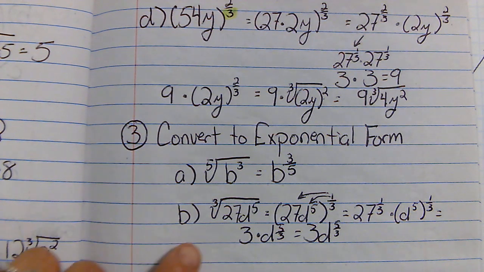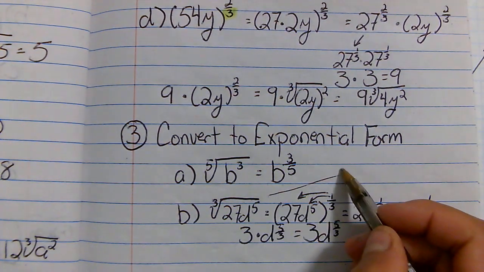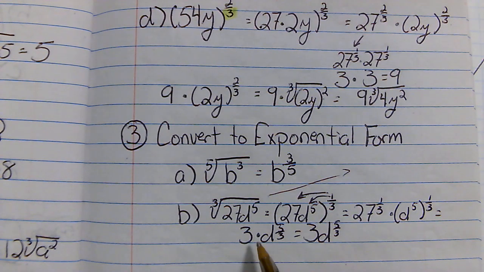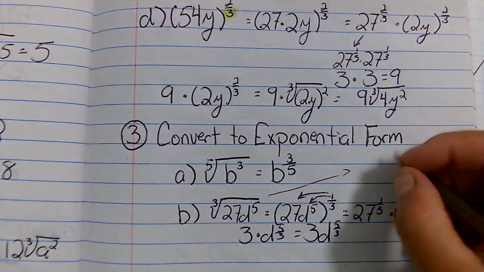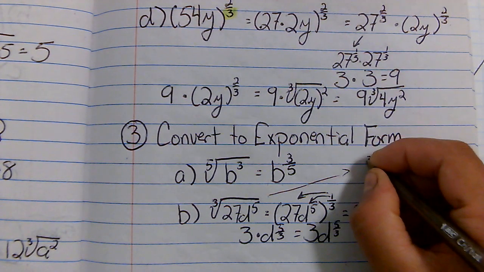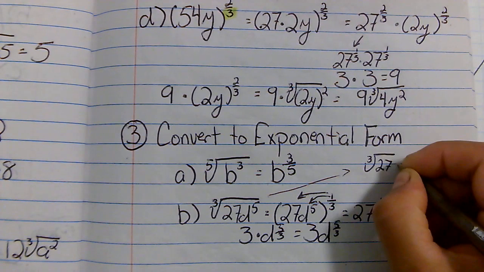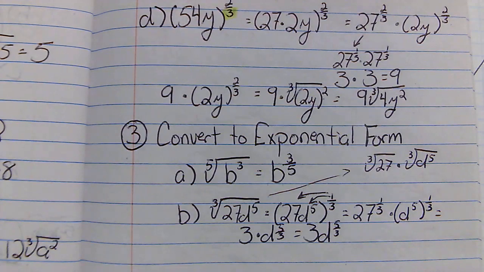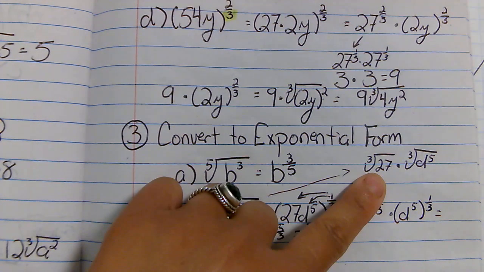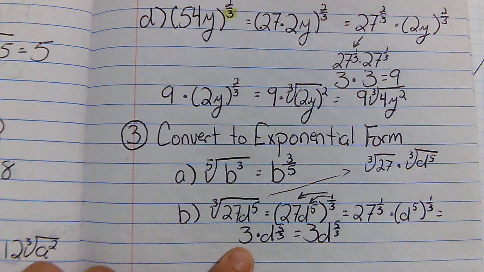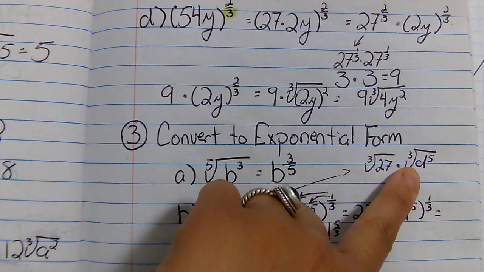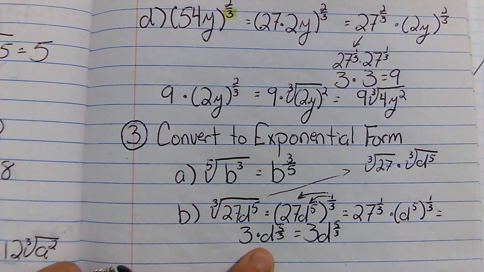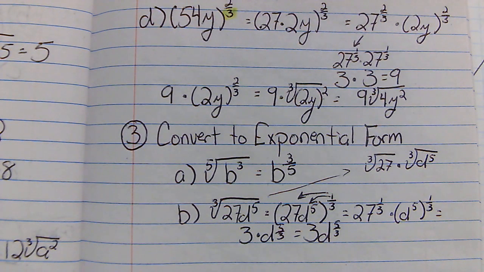And if you think about it, I'm just going to write this off over here. I can actually kind of break these up. I can think of this as the third root of 27 times the third root of d to the fifth. Okay, and then what's the third root of 27? It's 3. And if I wrote this as an exponent, d to the 5/3, there it is.